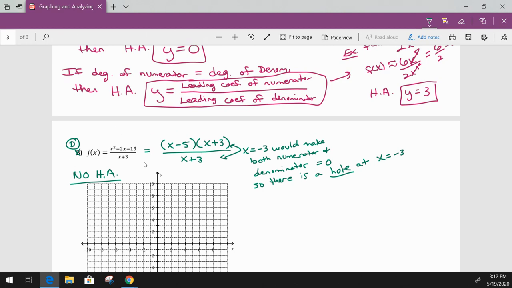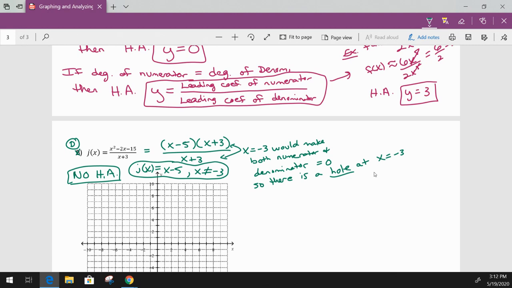If I reduce this j of x function, and the x plus 3 is reduced, I would get x minus 5, but I have to keep in mind, in order to keep this equivalent, x cannot equal -3. But we do need to substitute that -3 into our new simplified equation just to see where that hole or open circle is going to be.